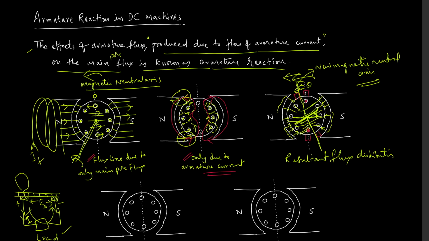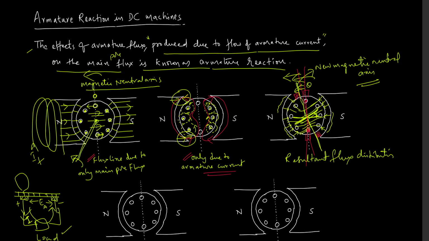Now suppose I fix the brushes keeping in mind the full load currents, full loading on the machine, and I place my brushes in this direction. It works fine for full load condition, but what about other loading conditions? When the machine is off loaded, the magnetic neutral axis will shift back to its normal position, and in no load condition it comes back to its original position, and now creates the problem of circulating currents. So the magnetic neutral axis is shifting from time to time as the load changes on the machine.